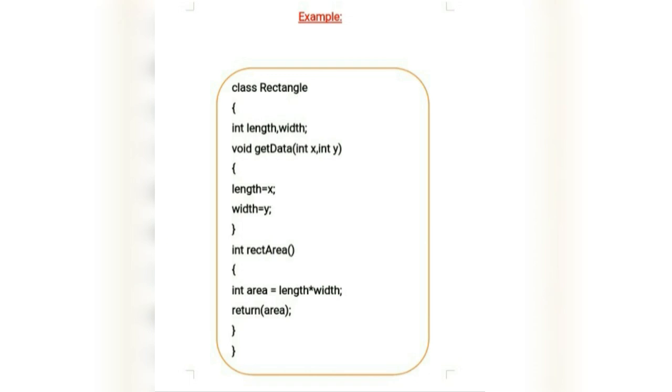As length into breadth will be an integer value, it will return the area as an integer, and hence I used int rectArea and closed it with a closing curly brace, and below it I have closed the class. That means I have created the class Rectangle where I have taken two fields and two behaviors, two methods, and all this I have put inside the class.